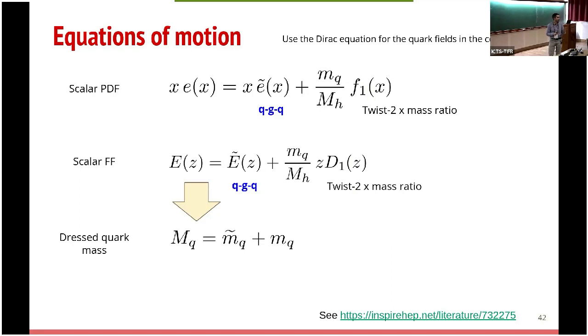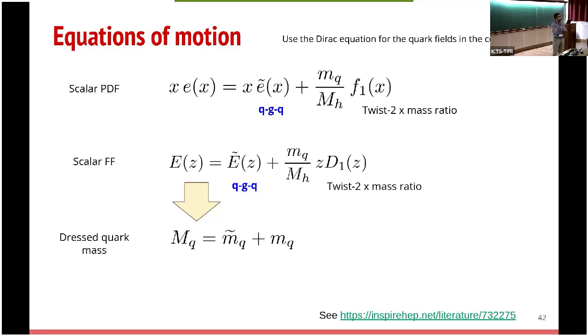Anyone correct me if I'm wrong. No, it's not the form factor, it's the number. When you integrate E, the charge of the scalar form factor, okay. But isn't it related to the quark content of the nucleon mass?